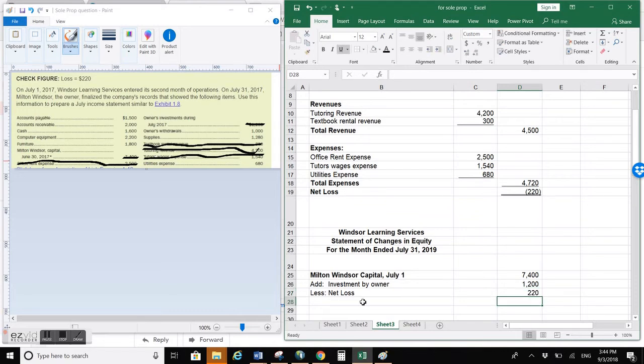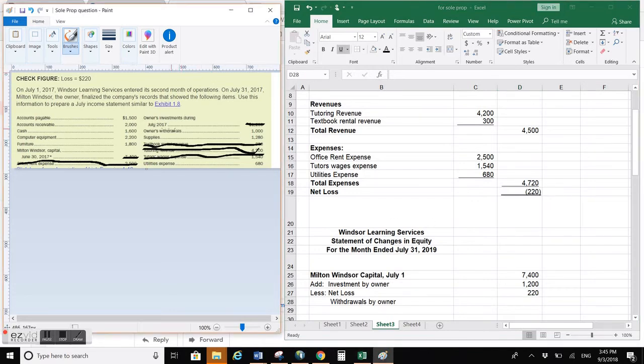So we'll less net loss, and also withdrawals decrease equity. And look at this, Milton, he withdrew $1,000 from the company during the month, so that is definitely part of the story.